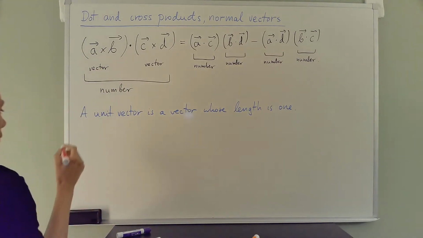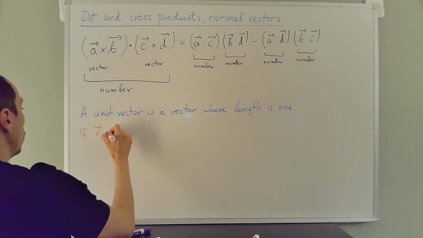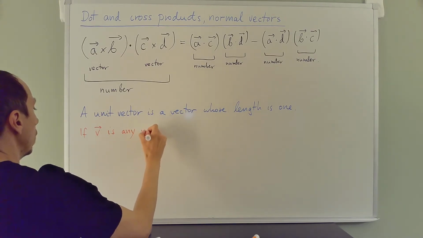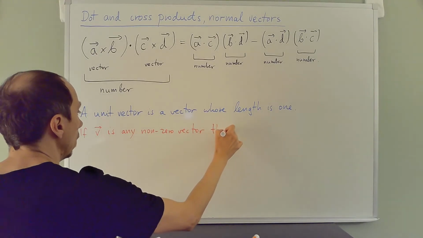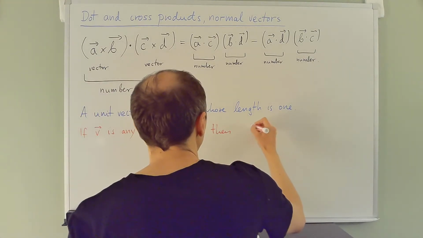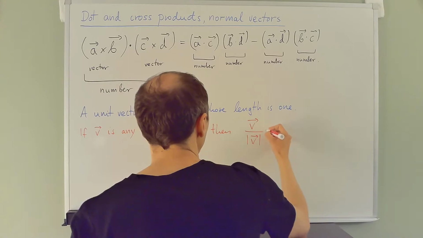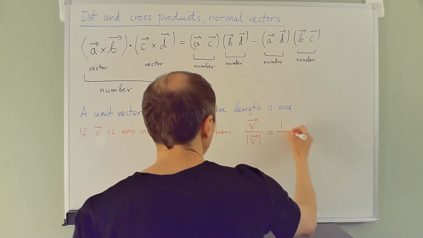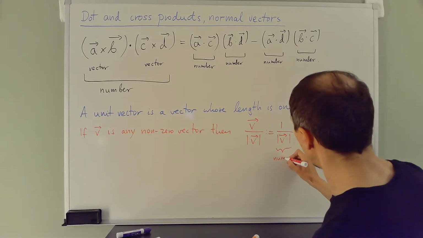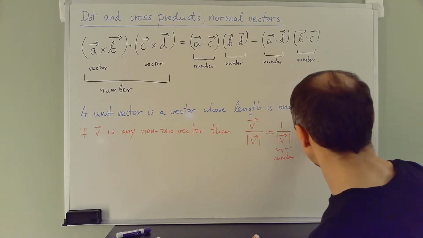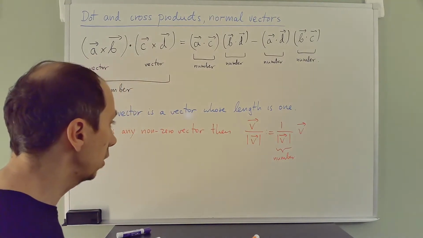So if V is any non-zero vector, then if I do V divided by the length of V, which means, what does it mean to divide a vector? That means this is just a number times a vector. Then if you compute the length of it, the length is actually 1.